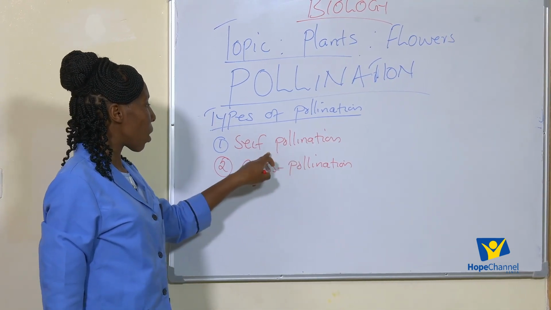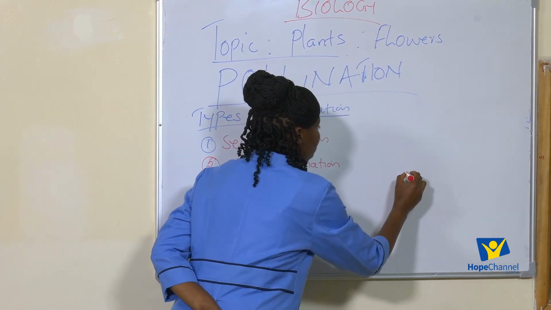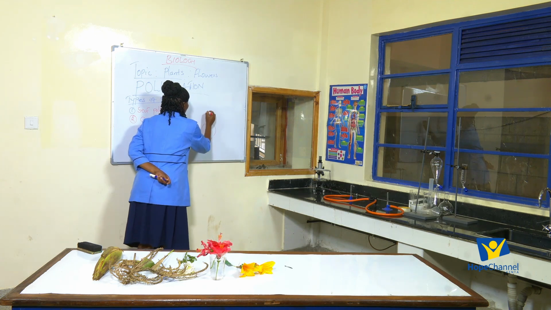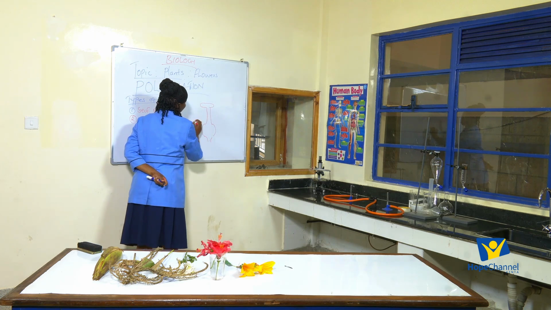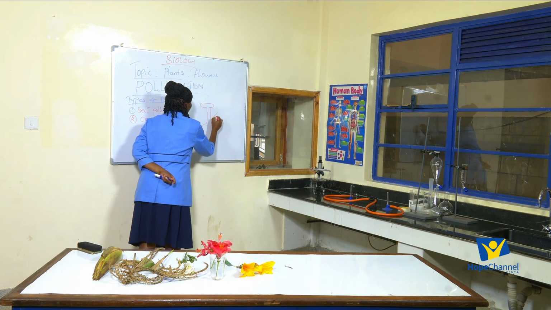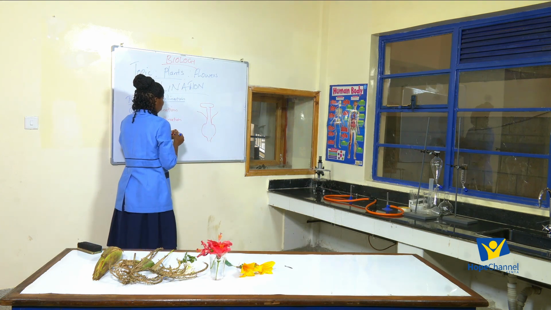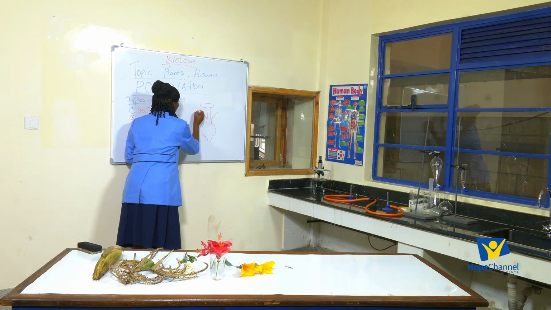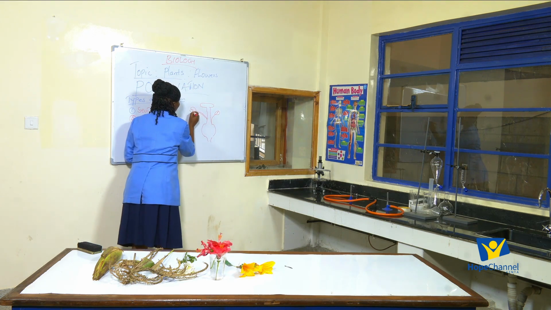Now, when we talk about self-pollination, for example, if I have a flower, let me try to draw. Assume this is a flower, and this flower has the anthers. Probably the anthers are mature to release the pollen grains.